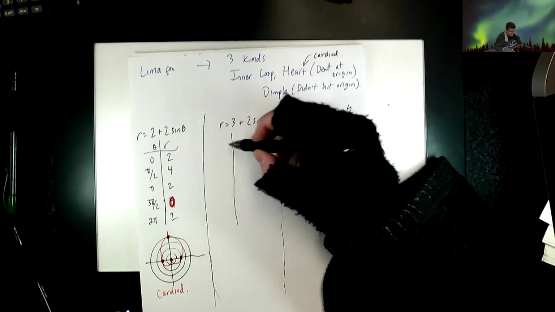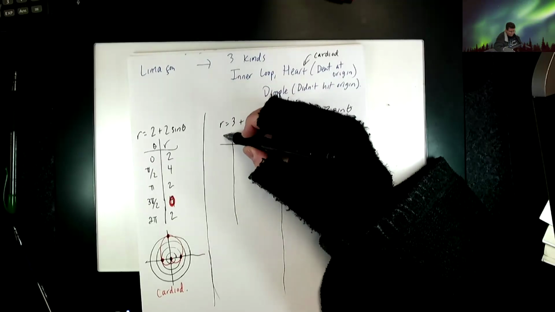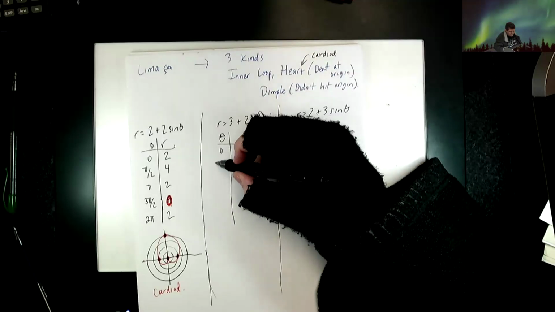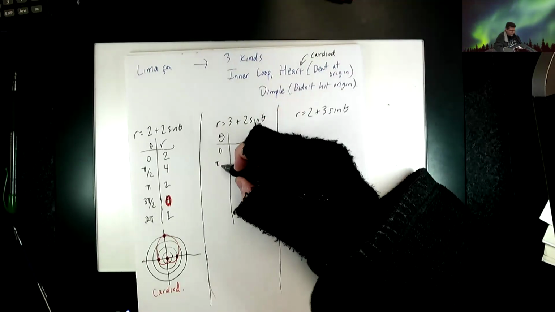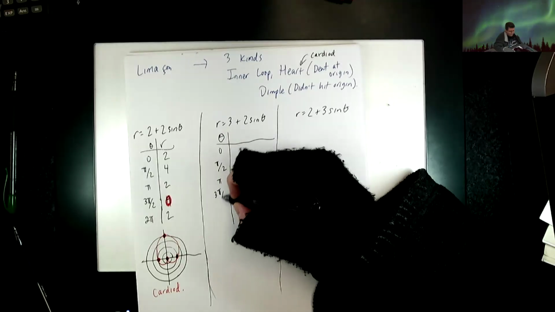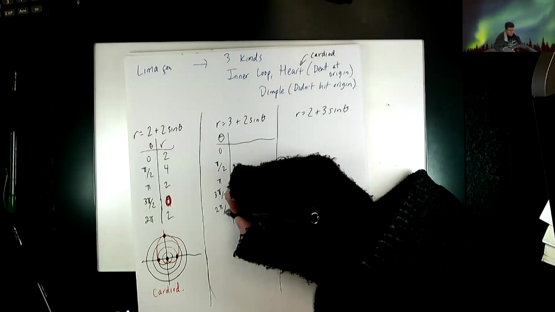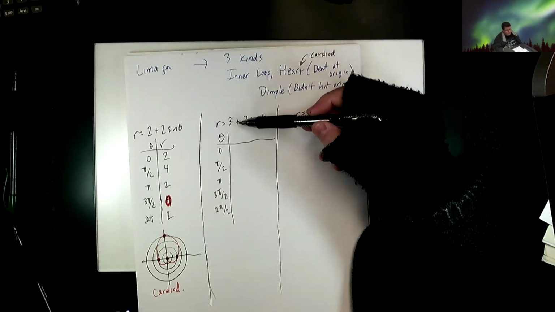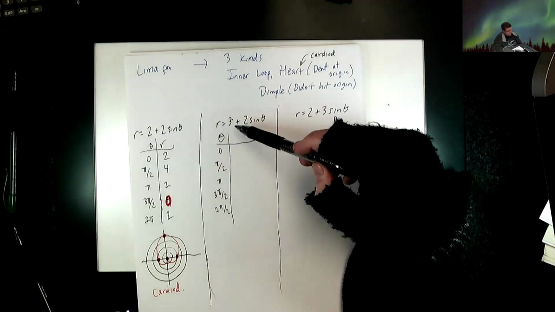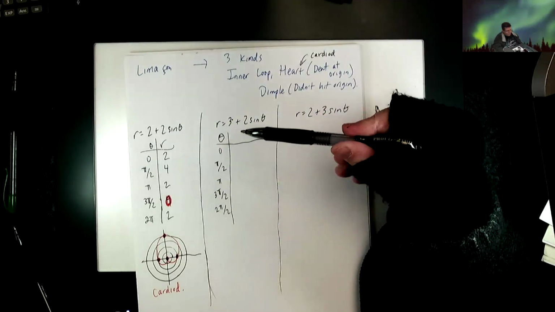We do that here. R is just 1 larger, isn't it? All I have to do is increase my R by 1 on each of these. Don't I? This is the only thing that's changed between this graph and this graph. 2 is 3. So instead of adding 2, I added 3.